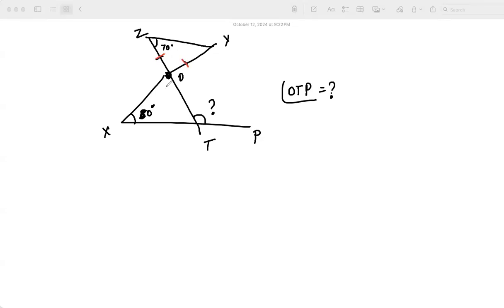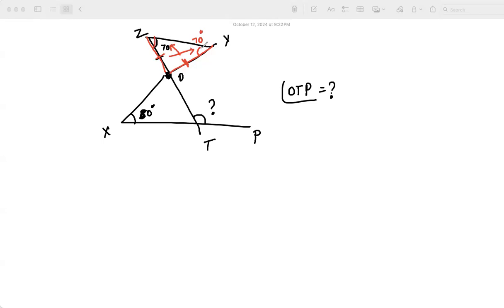That means it's congruent. This side is exactly equal to the other side, marked like that. It's an isosceles triangle. In an isosceles triangle, the sides are equal, and the angles opposite to those sides are equal. That's a property of isosceles triangles which we learn in 5th or 6th grade.